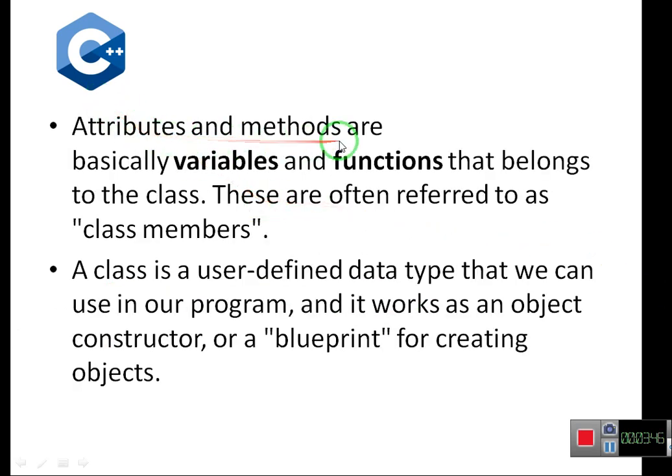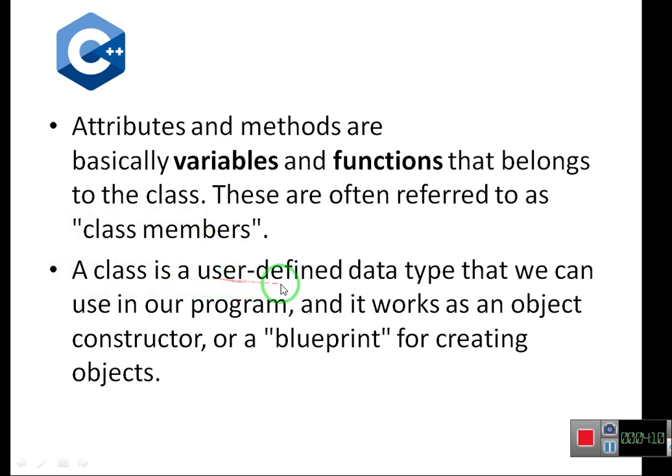So what are attributes and methods? Attributes and methods are basically variables and functions. Variables means attributes, and methods means functions that belong to the class. These are often referred to as class members. So we have variables to store the data and functions to get some work done. What is a class?